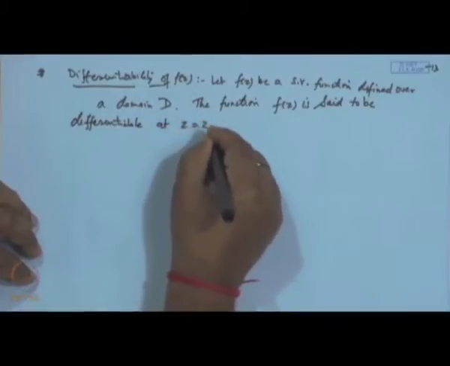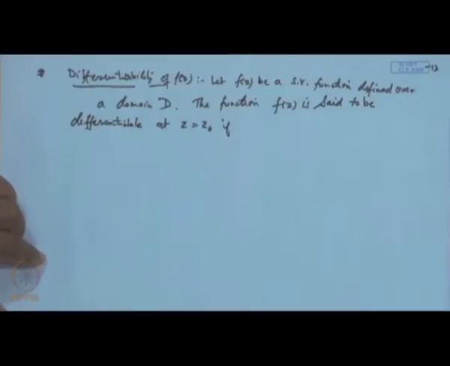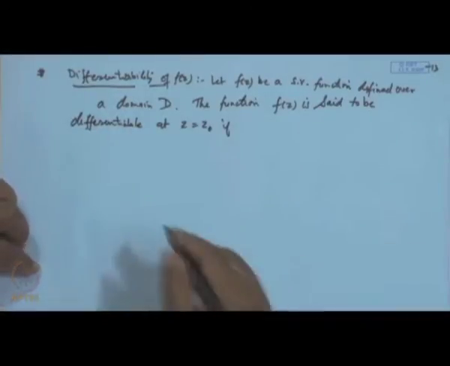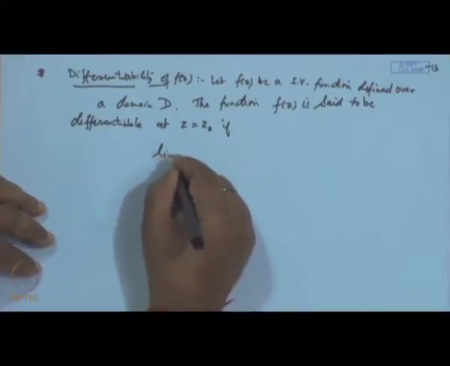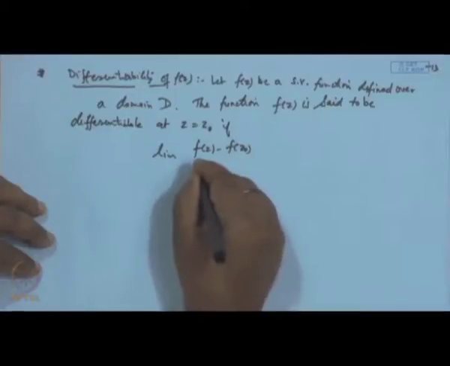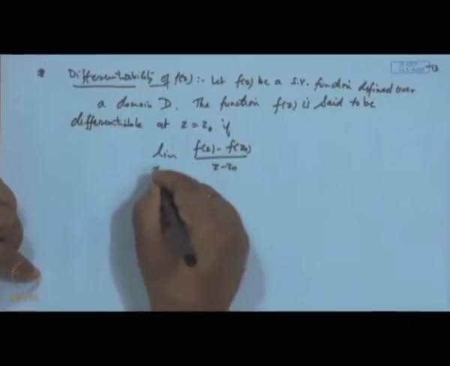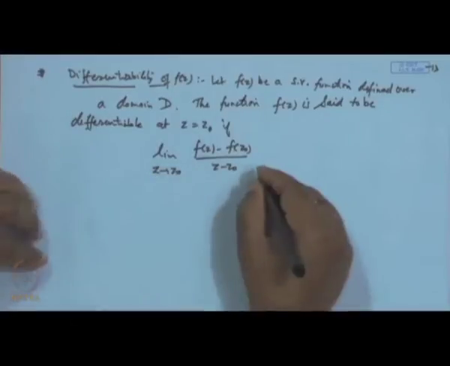z equal to z naught if the limit of the ratio f z minus f z naught divided by z minus z naught, as z approaches z naught, exists.